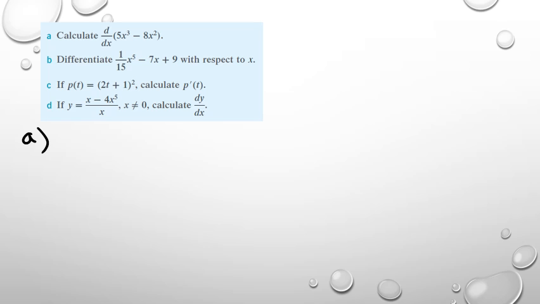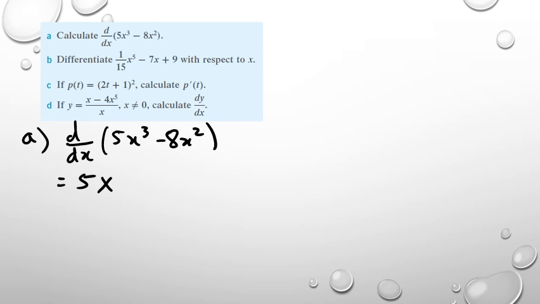A. Calculate d dx of all of that stuff. Now, remember how I said you just take the power down and you multiply it? So d dx of 5x cubed minus 8x squared. We would write the 5. You take the power down. What's our power? 3. So take the 3 down. You subtract the power on the top by 1.